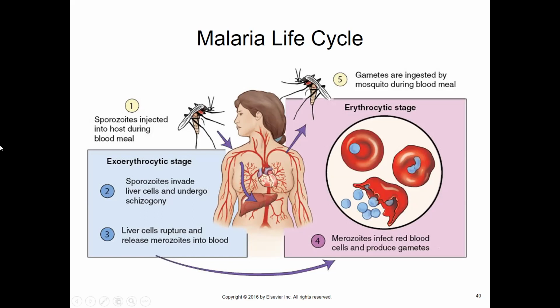And then the liver cells rupture and they start to release those merozoites into the blood. The gametes are ingested by the mosquito during that blood meal, after those merozoites have already infected the blood cells and produced those gametes.